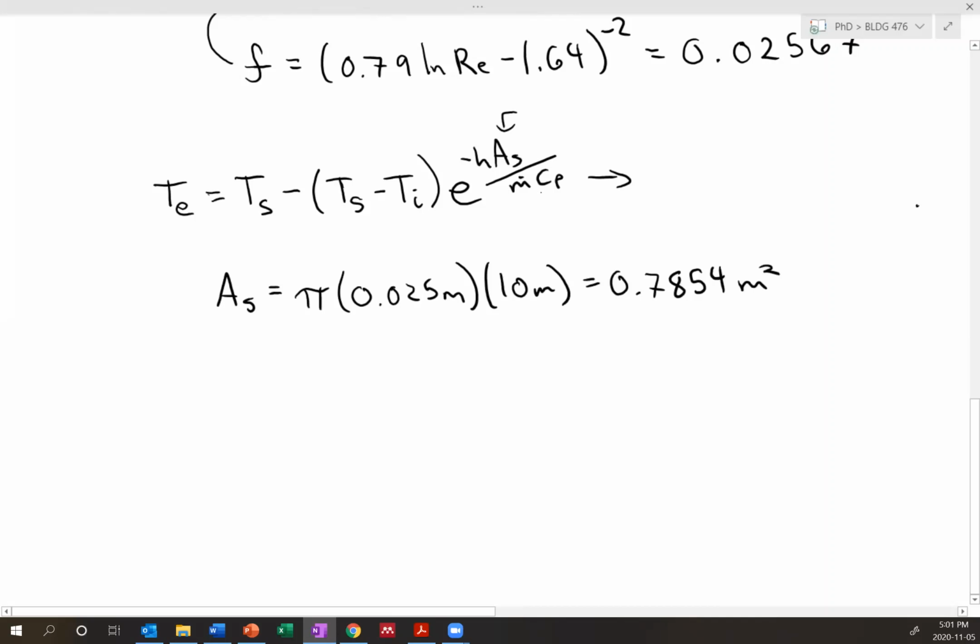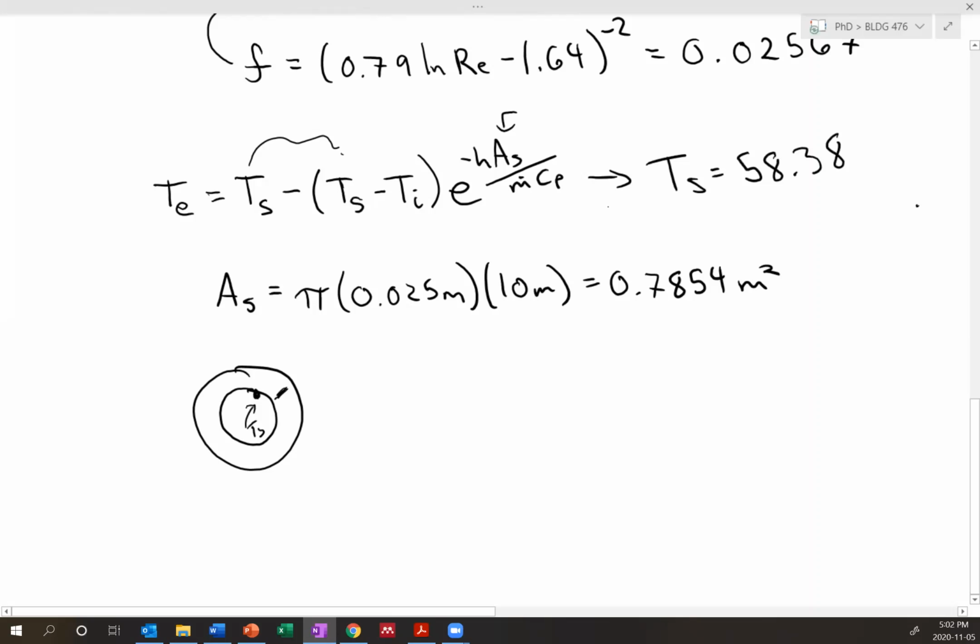We know m dot, and Cp we found on the table. And unlike last time, we know our exit and our inlet temperature. What we're interested in is this surface temperature, keeping in mind that, unlike the last question, we're not neglecting this thermal resistance. So we're finding very specifically our internal surface temperature, which is 58.38.